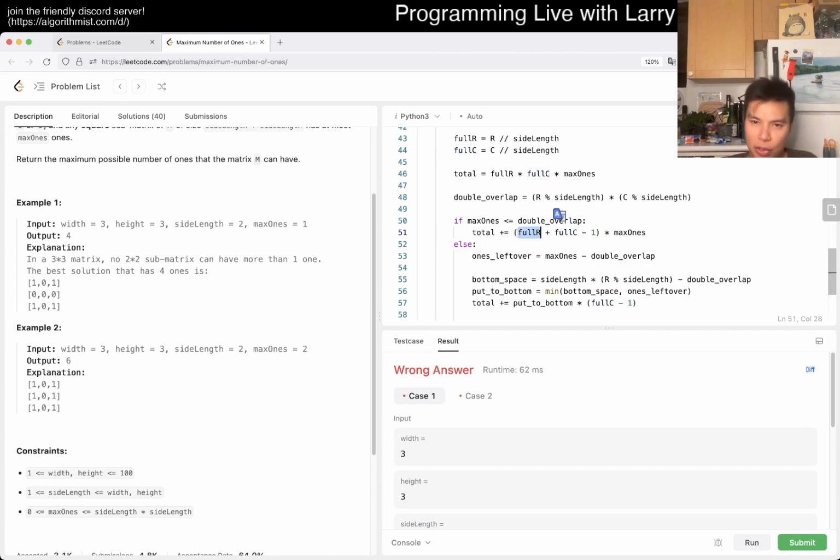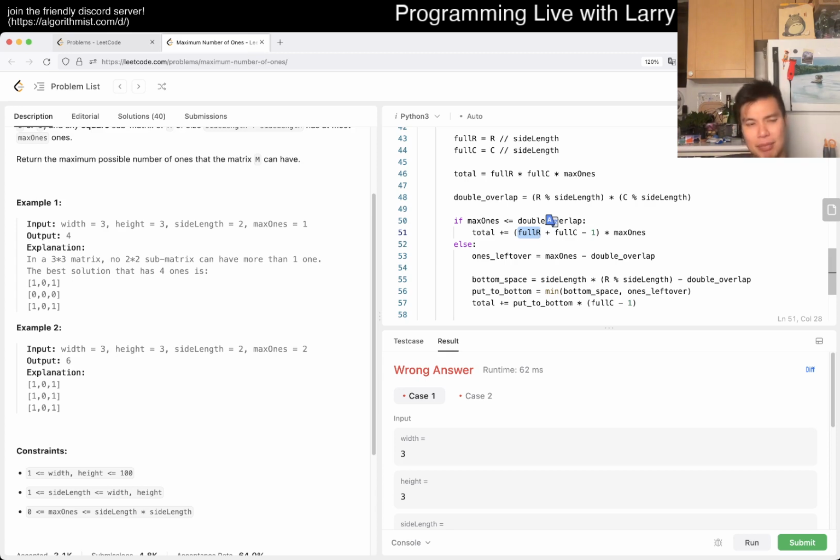Oh, because this is full. I think I messed up because this is full R. This is the extra one, so you have to factor in the... Wait, what? Okay, so we have 1 full R on the overlaps. No, this should be right? I mean, well, it's not.